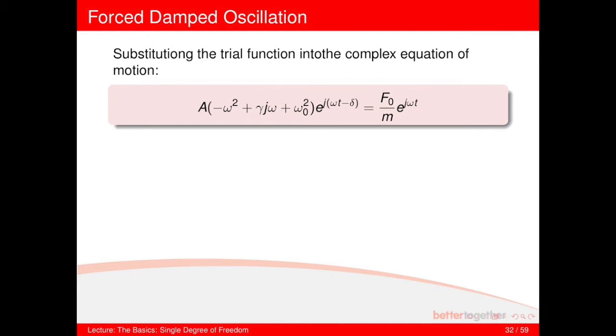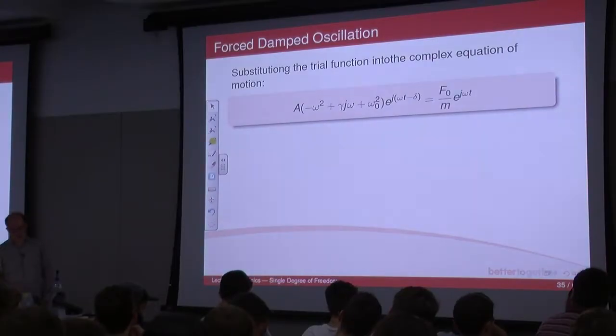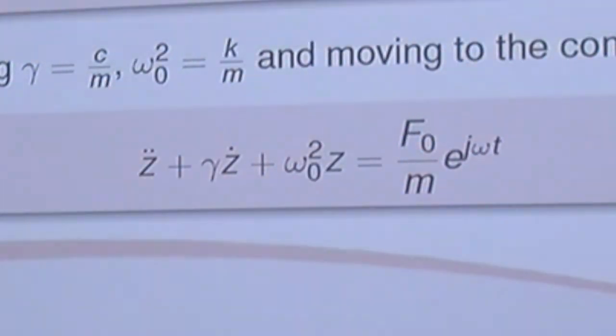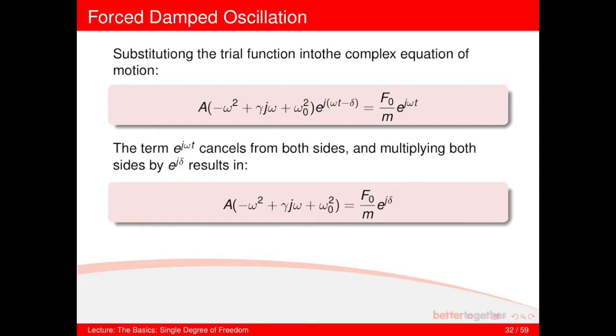So we stick that in for z. We end up with minus omega squared plus j gamma omega plus omega naught squared, times e^(j(omega t minus delta)), equals F naught upon m e^(j omega t). Remember we took this equation and divided by m, so you get F naught upon m over here. So we make that substitution. Now the e^(j omega t) terms will cancel out.